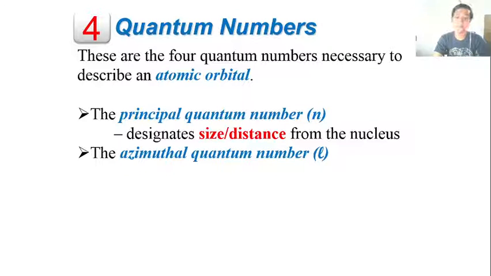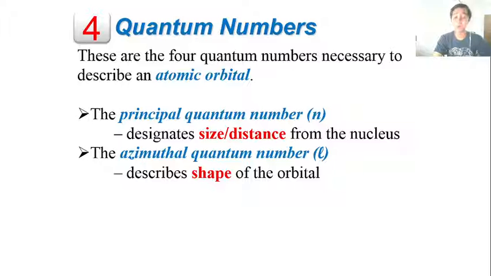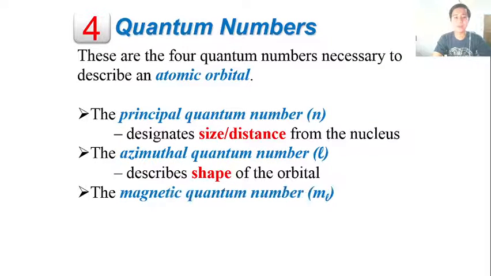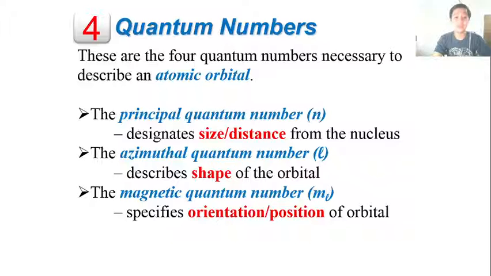Second, the azimuthal quantum number is represented by l, which describes the shape of the orbital. And the third, the magnetic quantum number, represented by m sub l, specifies the orientation or position of the orbital.